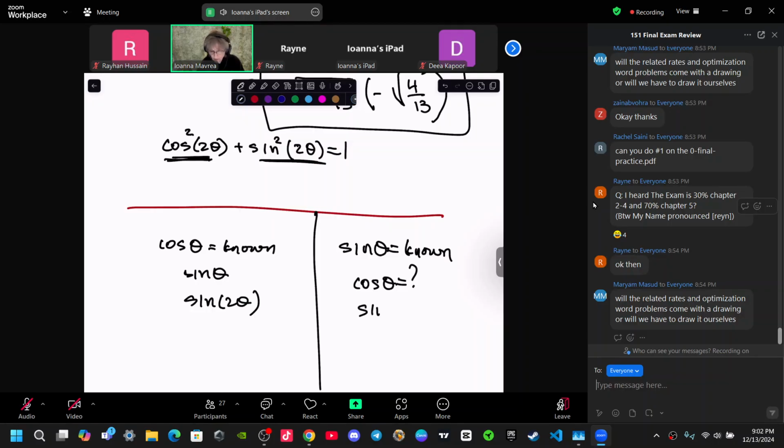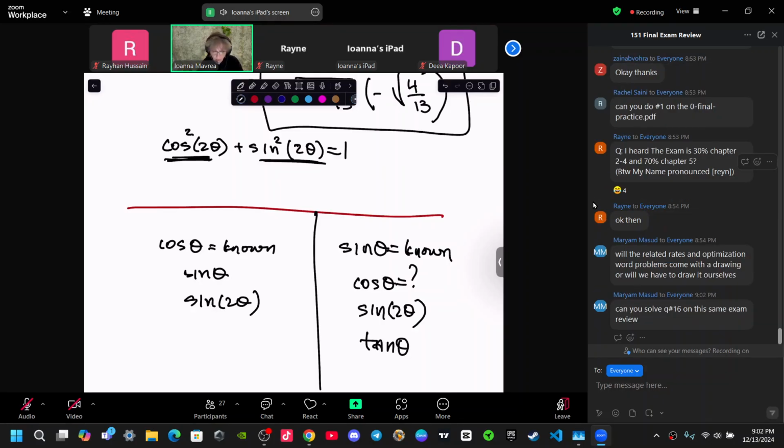And what's the sine of 2 theta? Or now that you know sine and cosine, what's the answer? But in order to do any of those problems, they also have to tell you what quadrant you're in, so you can figure out if the sine or cosine they're asking for should be positive or negative. So this problem shows up also in the other review. So that's an important one to practice.